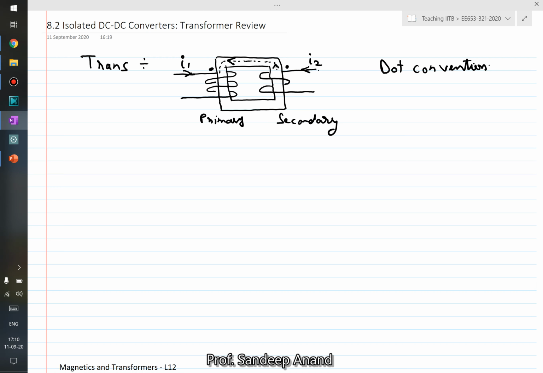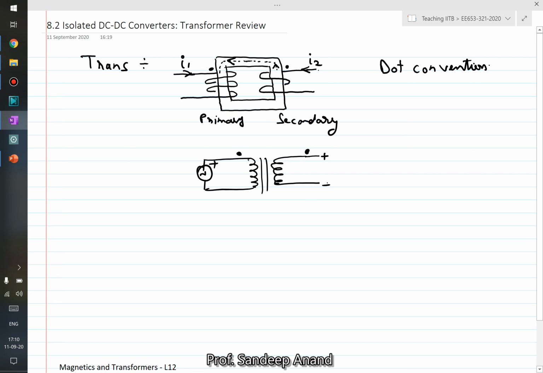So how does this dot convention lead to the voltage polarity? If this is the transformer symbol I'm drawing, and if this is the dot, and the source is connected such that plus is connected to the dot, then on the secondary side we again consider the dot to be plus and the other to be minus.